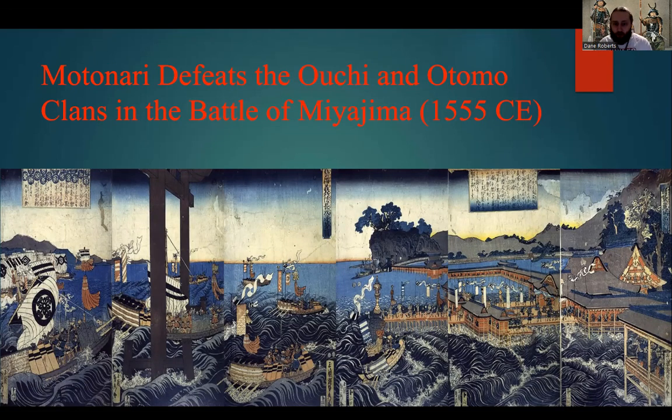They were known for their superior navy, but also Motonari would utilize a lot of very well thought out deceitful tactics, such as at one point when he was in a war council with his generals, and they were trying to discuss a way to defeat the two clans that you see here, the Ochi and the Otomi.